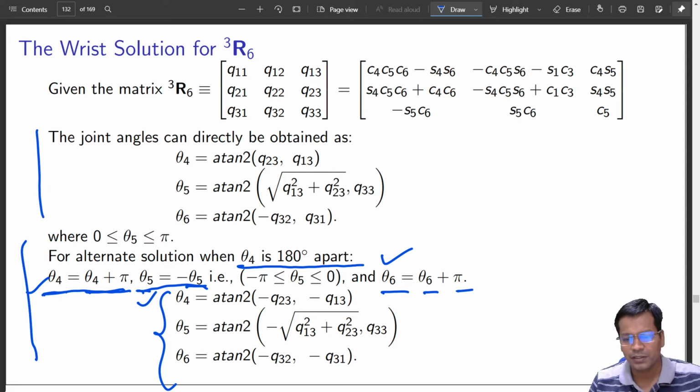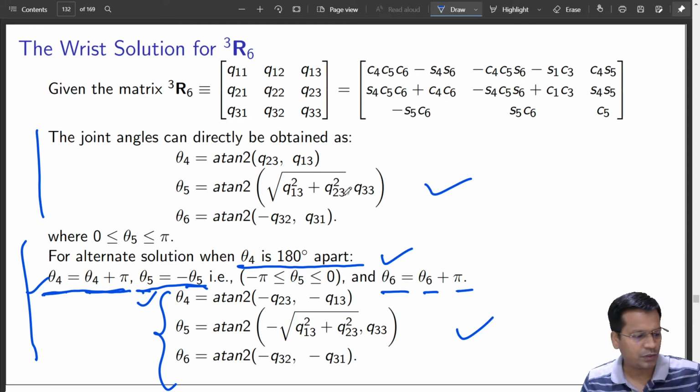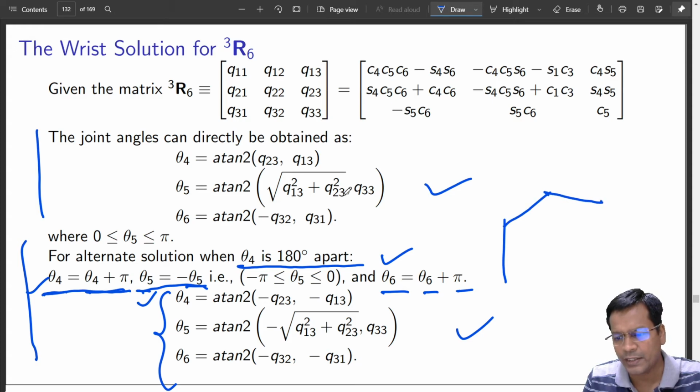That means you have two solutions for the wrist, and how many solutions for the 3R spatial manipulator that comes before? You have a robot given like this, and till here, and then after that the wrist solution.